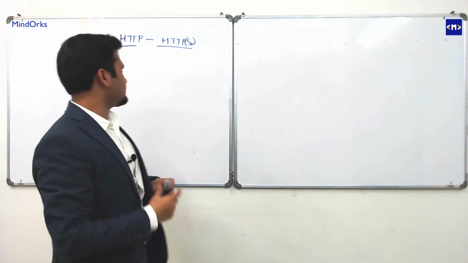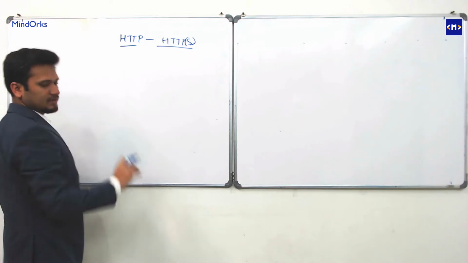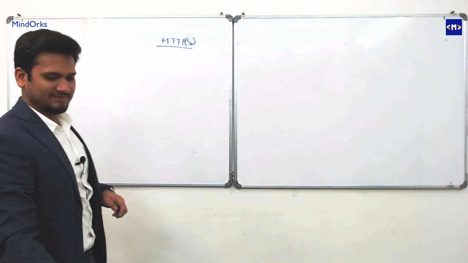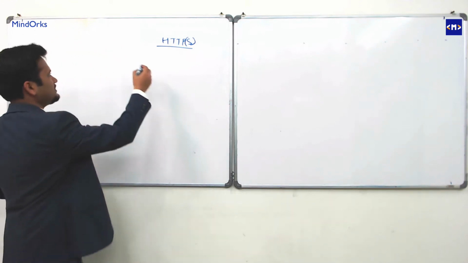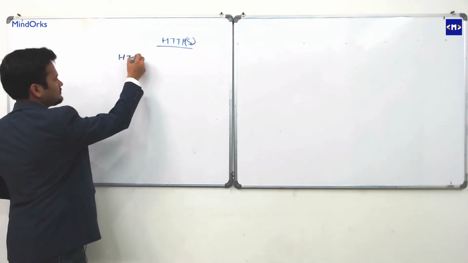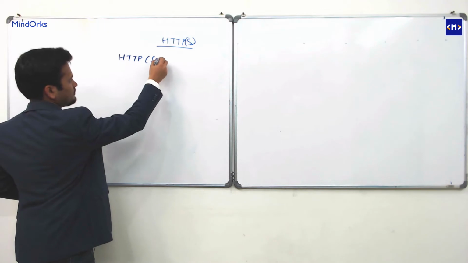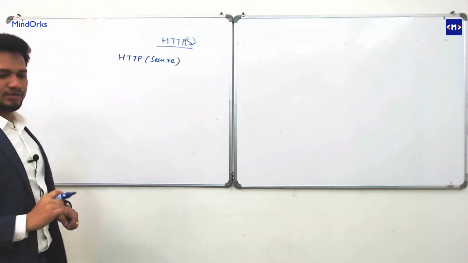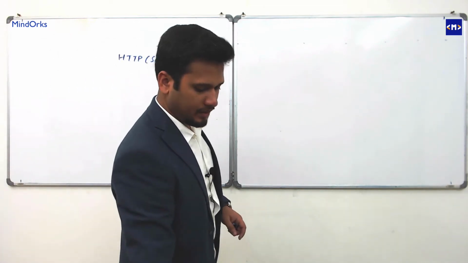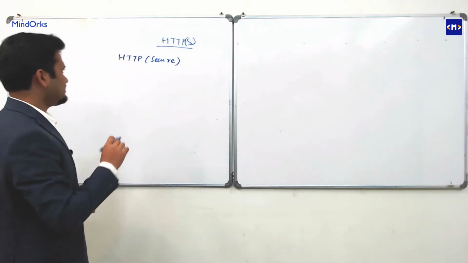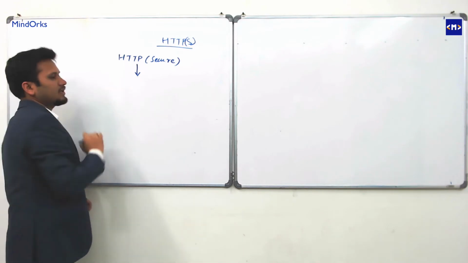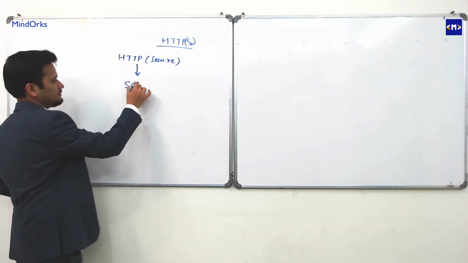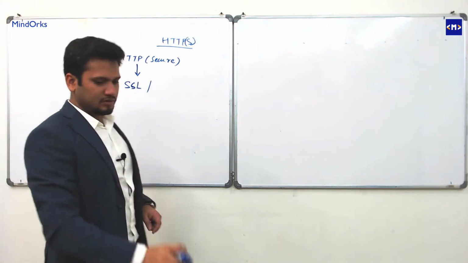Now for HTTPS, let's just remove HTTP from my board. So now I have HTTP secure, that is HTTPS. What HTTPS uses is another protocol, SSL or TLS.